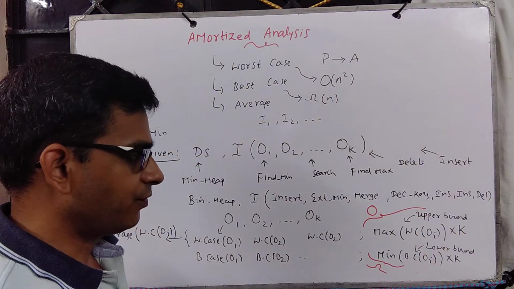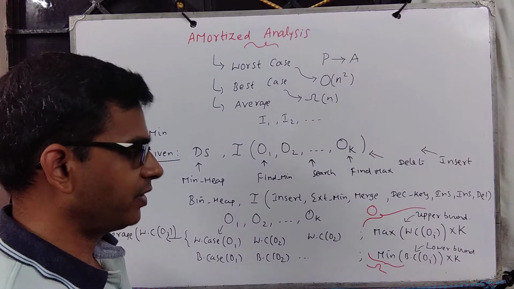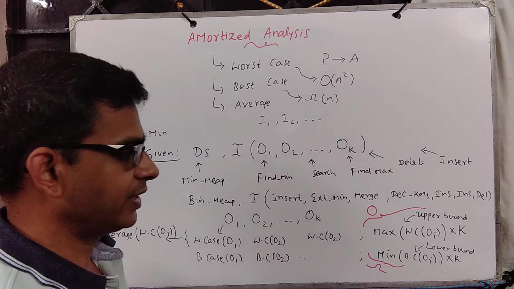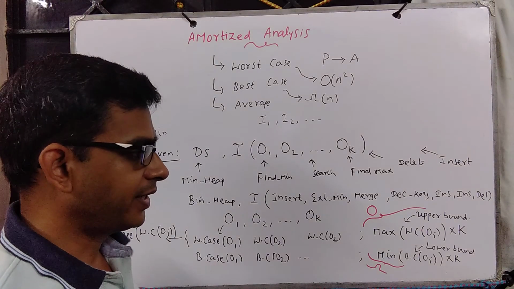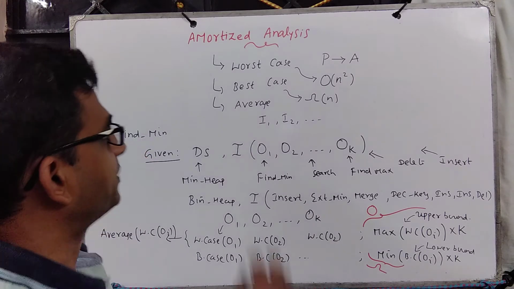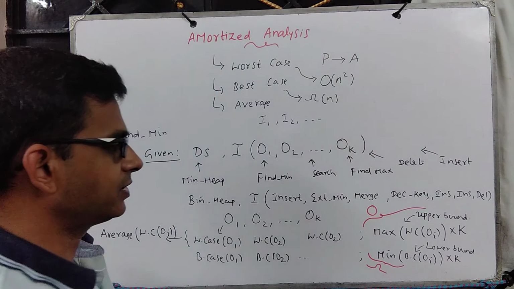Or rather, if we focus on micro level view of this input sequence and subsequently its analysis, we might end up getting a better analysis. So that's precisely amortized analysis.